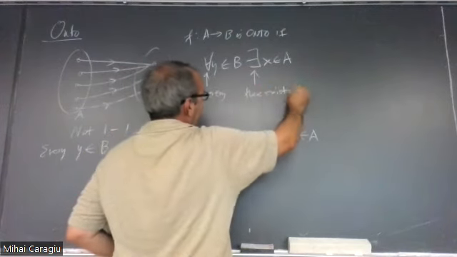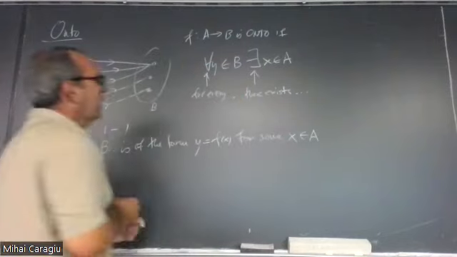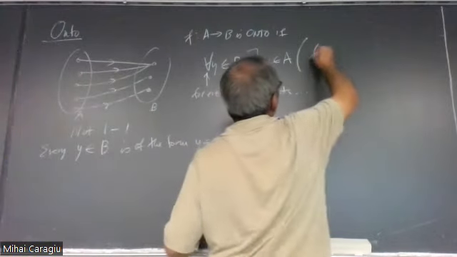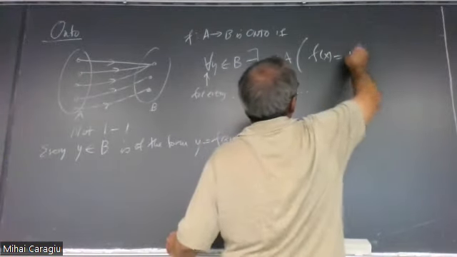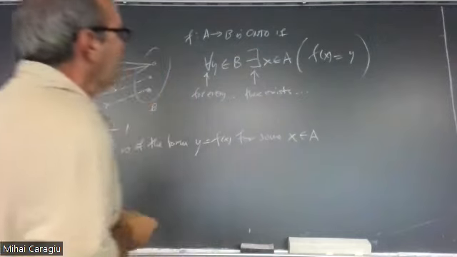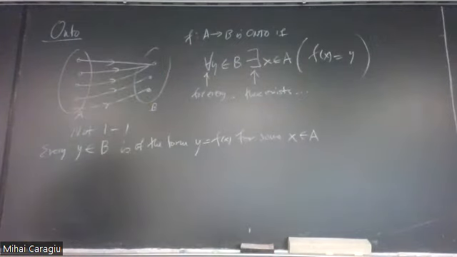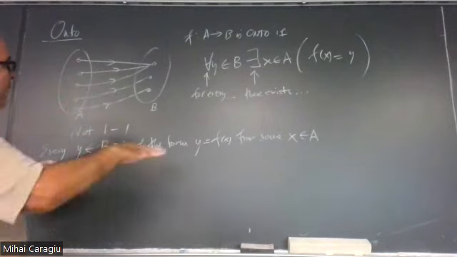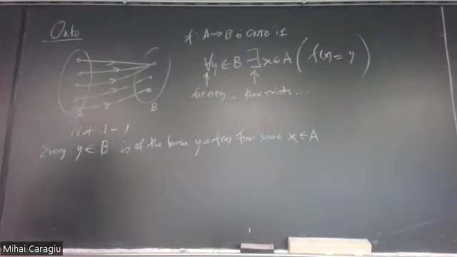So for every y in B, there is an x in A such that f of x equals y. So that's a formal definition of onto functions. In other words, every element of B is targeted by an arrow emerging from A.